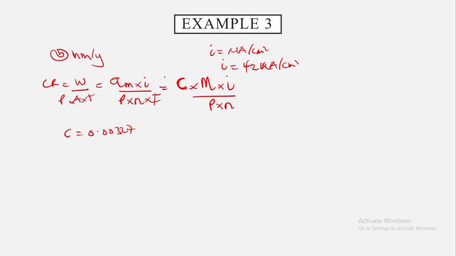Note that this is for mm/y. So you just do substitution, whereby corrosion rate is equal to 0.00327 times the molar mass, which was given as 65.38, then multiply by the corrosion current density, which is 4.2, all over the density given, which is 7.14, times the number of electrons transferred, which is 2.